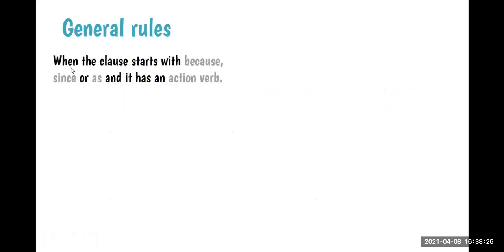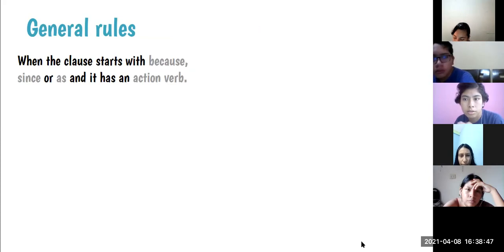So it says, when the clause starts with because, since, or as, and it has an action verb, what do we need to do to reduce this sentence to the participle sentences?